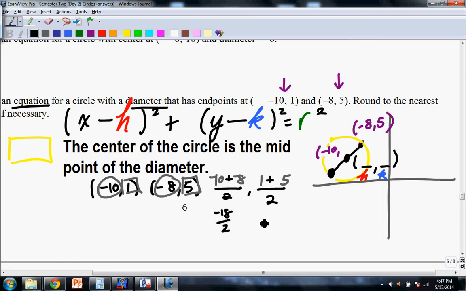This ends up being -18 divided by 2 and 6 divided by 2. So by this we get our h, which is going to be -9, and our k, which is going to be +3. So our h and k is -9, +3.